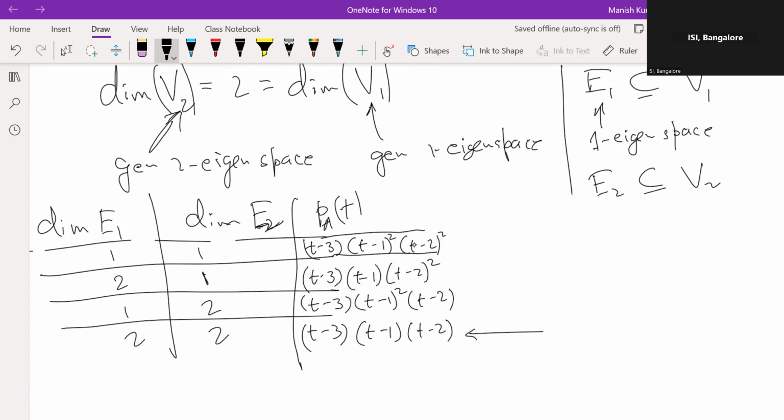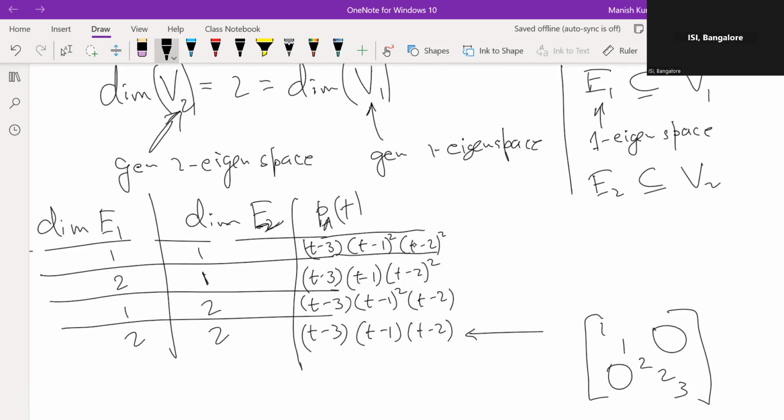There is a 3 eigenvector, and there are 2 independent 1 eigenvectors and 2 independent 2 eigenvectors. So this will give you a diagonal matrix. So the Jordan form will look like 1, 1, 2, 2, 3. So is this clear?